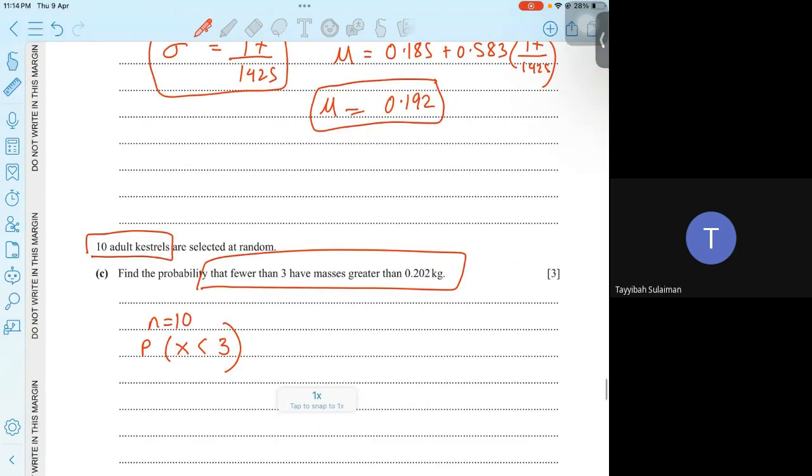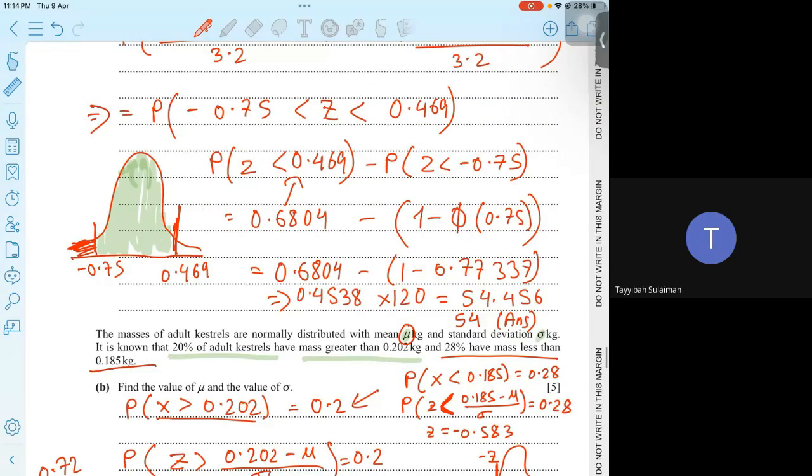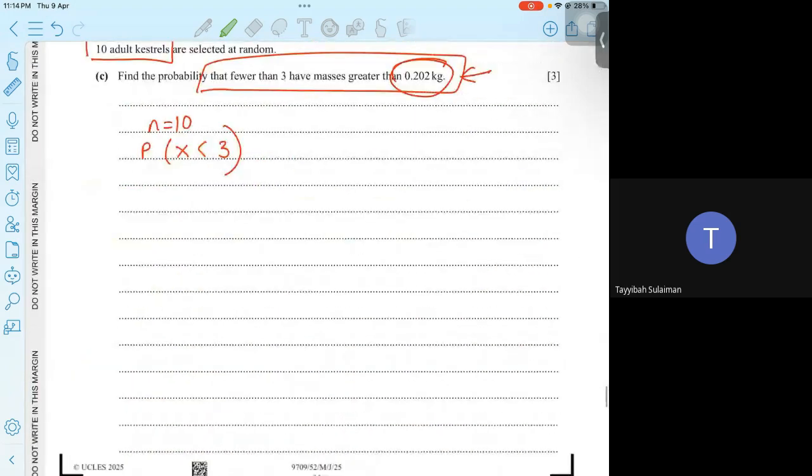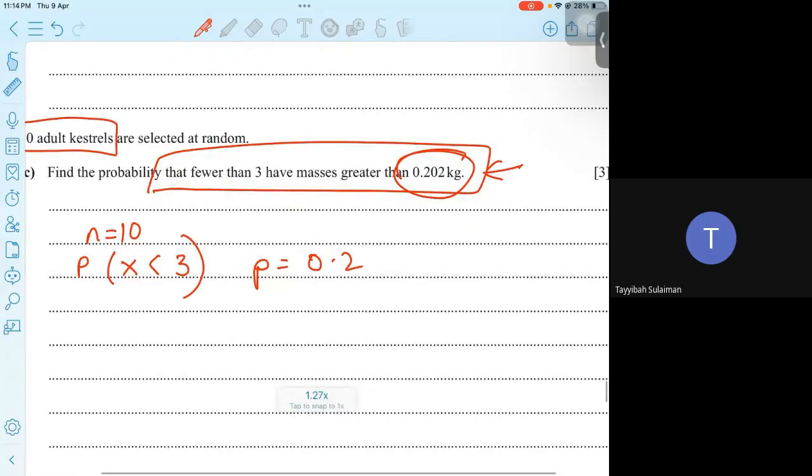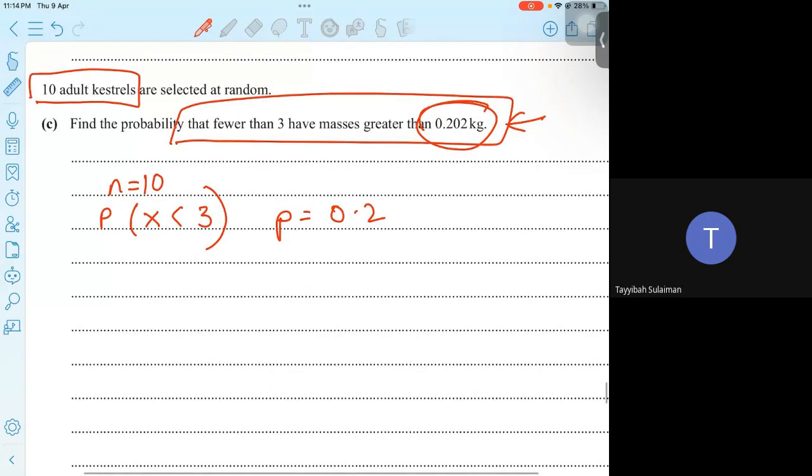So I know that for this part, this is the success. So less than 0.202, this is 20%, remember? 20% of the adults have a mass greater than this. So my success in this case is 0.2. And less than 3 means I have to take into consideration 0, 1, and 2, all of the scenarios, right?